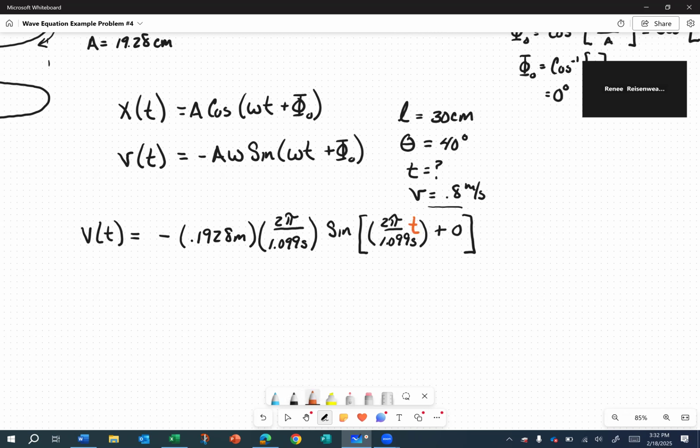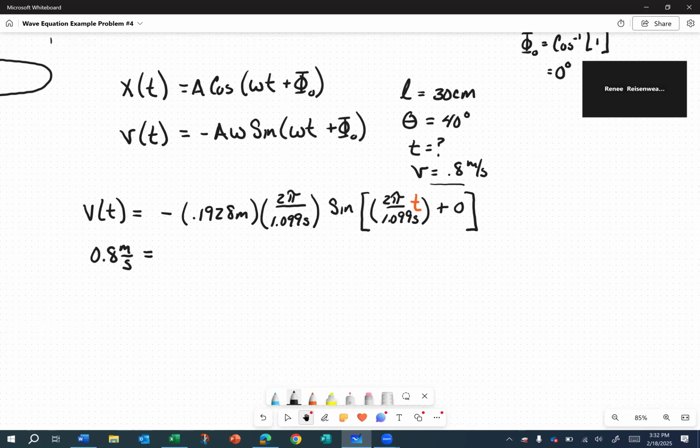So that's our unknown that we want to solve for. On the left side, we do know the velocity to be 0.8, right? Equals that whole quantity.